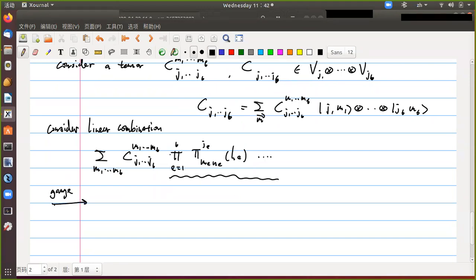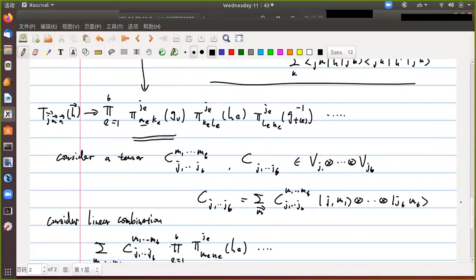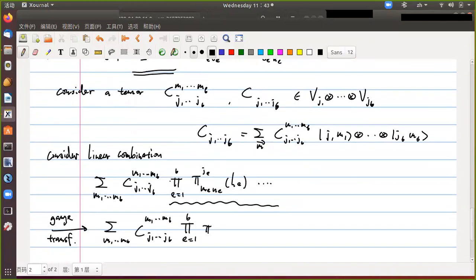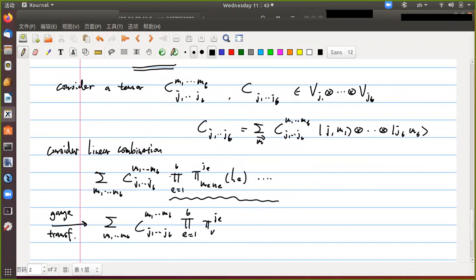We know the gauge transformation of the basis already, so we just plug it in. The gauge transformation factors out a pi of g_v, the product of pi_{j_e}(g_v) with indices k_e, and other factors.